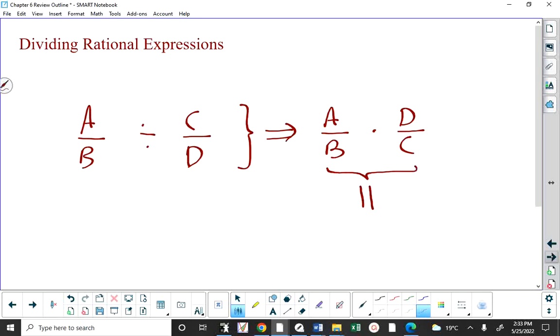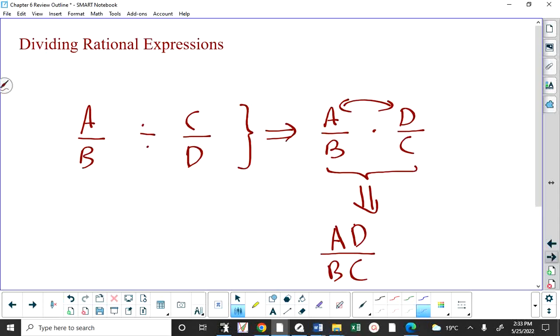You turn it into AD over BC, which is a single rational expression, factor and cancel. By the way, you don't actually multiply this stuff out, right? You factor it. You keep making it into more and more factors.